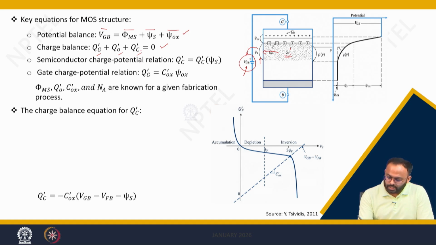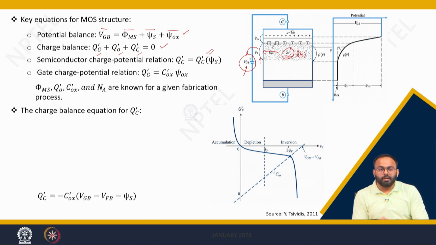The semiconductor charge here is a function of surface potential, because when you change the gate to body voltage, the surface potential changes. As we have seen, if the gate to body voltage is positive, the surface potential is positive; if the gate to body voltage is negative, the surface potential is negative, and so on. Then Qc dash also responds accordingly.